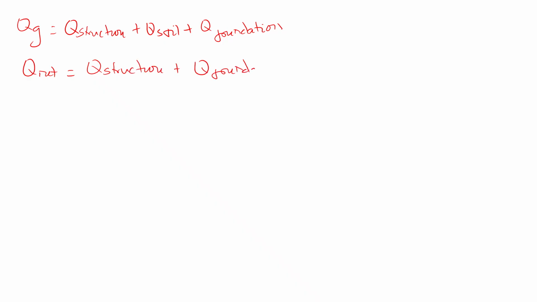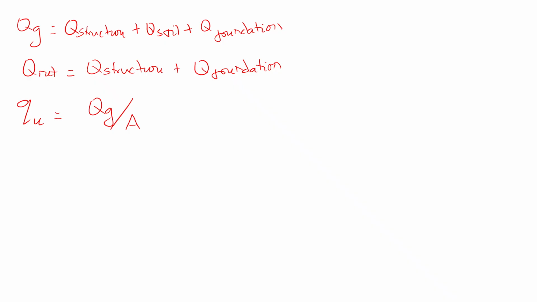You are not talking about the soil here. This same idea is applicable for pressure also, where in general Q ultimate or Q gross ultimate is nothing but gross load divided by the area, where the area is length into breadth. Now we are going to see about the terminologies.